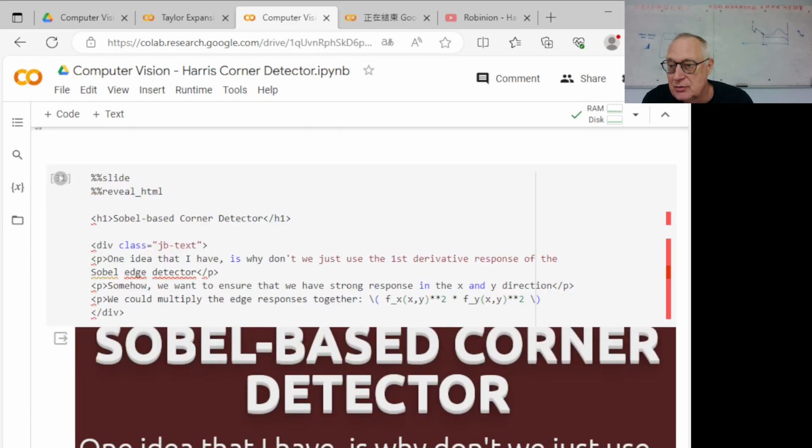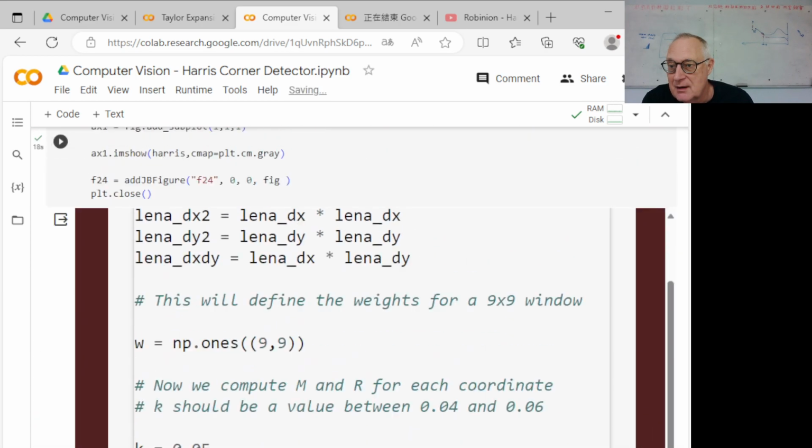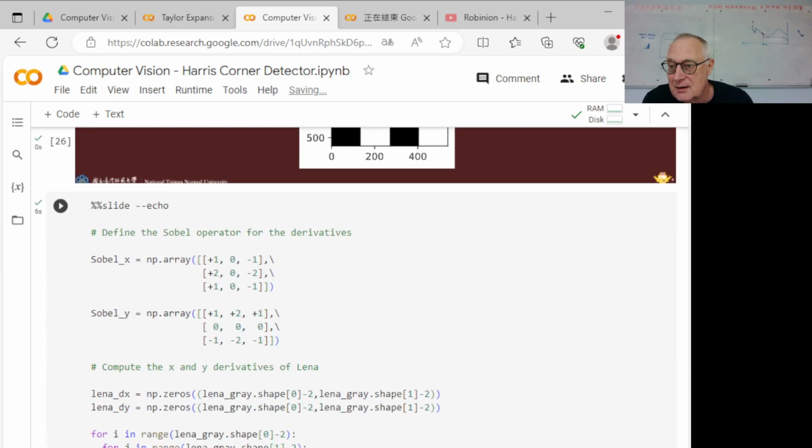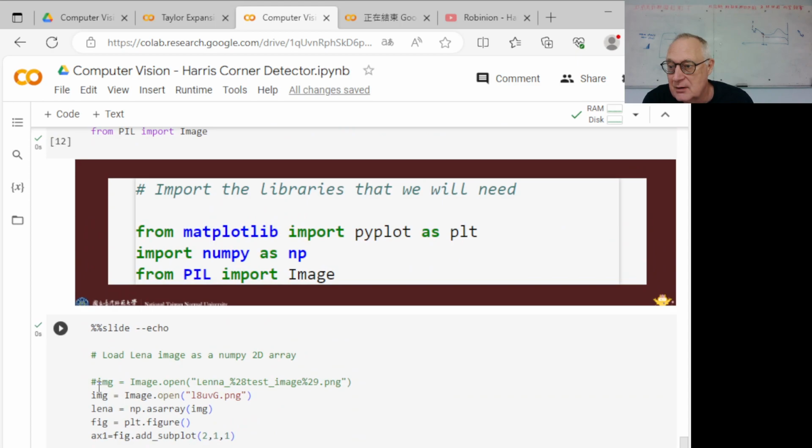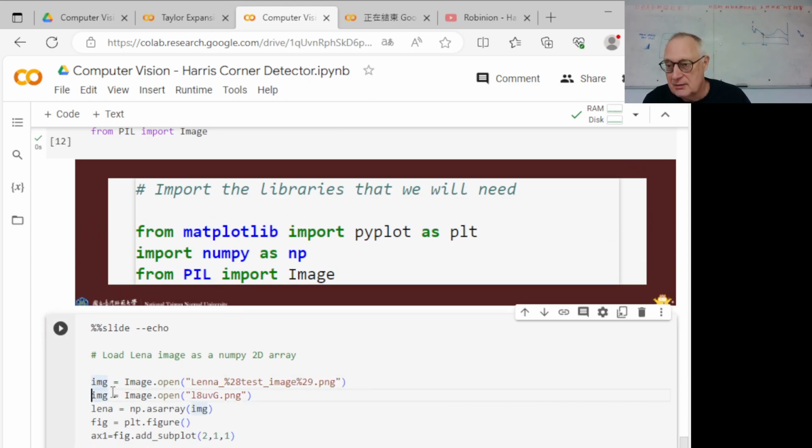Now I want to use the planar image and see how it responds.